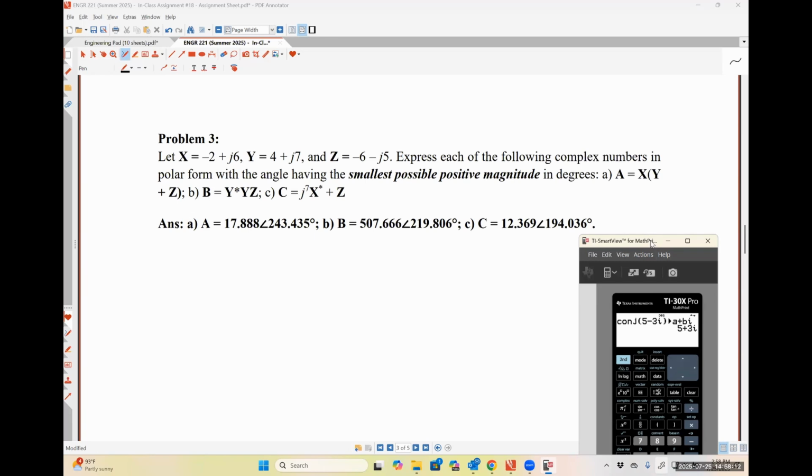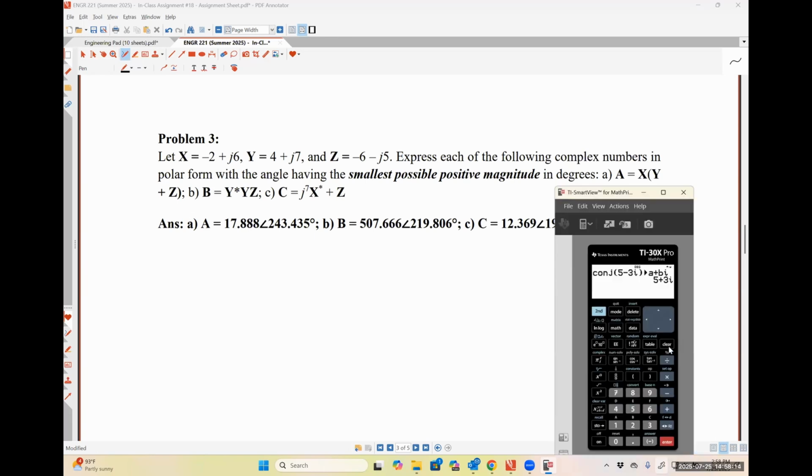So what I'm going to do is I'm going to store these things in my calculator to make my life easier. Okay. So I'm going to do -2 plus 6 pi to give me I. I'm going to press store X and then enter.